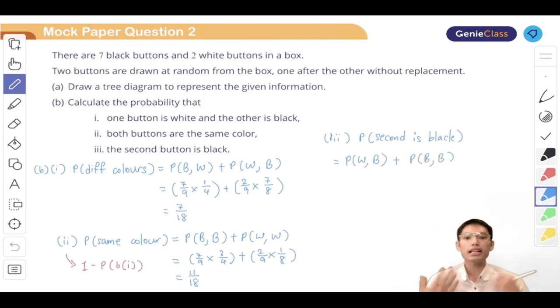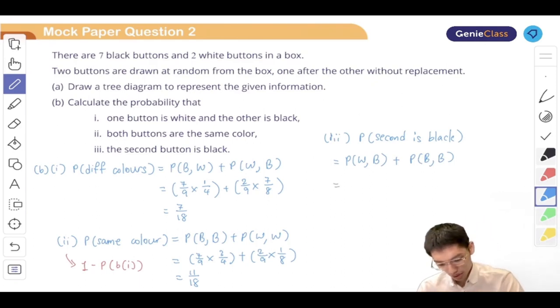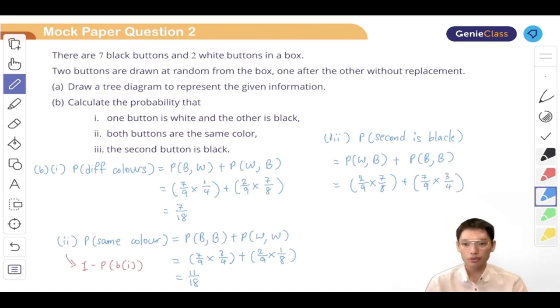So multiplying the numbers together from the tree diagram that you screenshotted just now, it's going to be 2 over 9 times 7 over 8, sorry, not 7 over 9, my mistake over here, plus 7 over 9 times 6 over 8, which is 3 over 4.